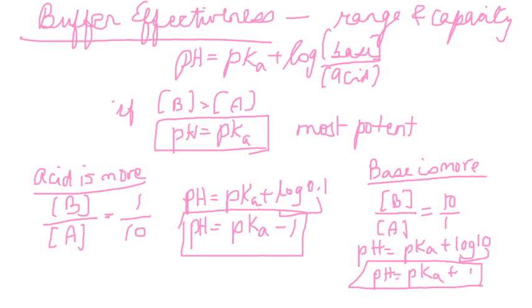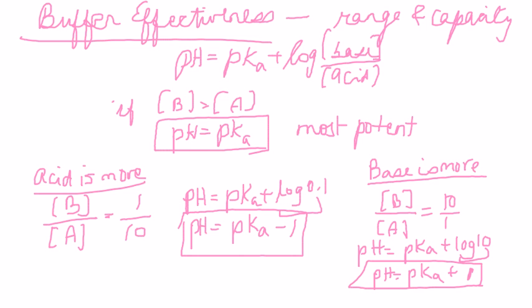So anytime you have to determine which kind of buffer to go by, look at your application. I said that umpteen number of times in class. Look at your application, and that will decide which buffer is closest within the plus minus 1 range. That's going to give you the best buffer.